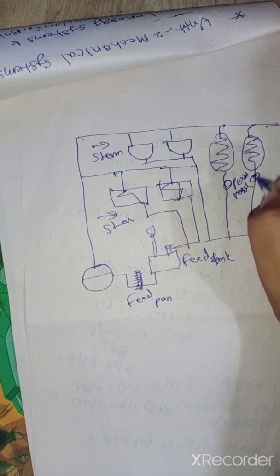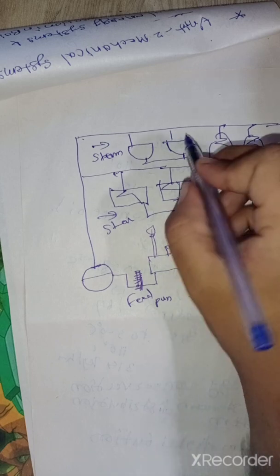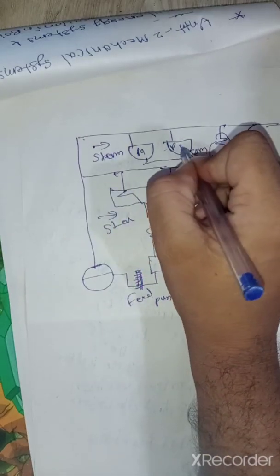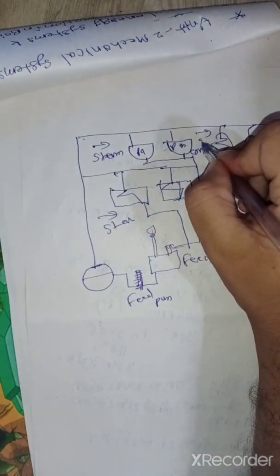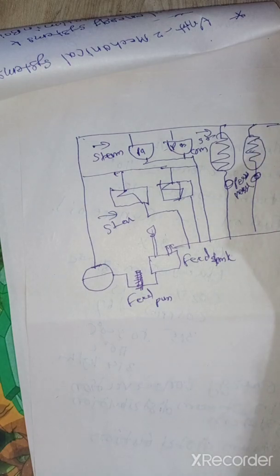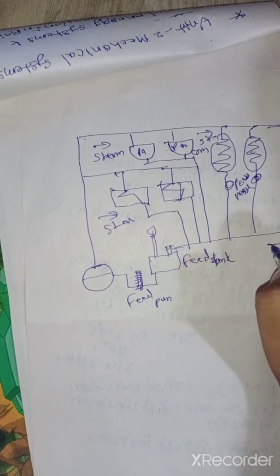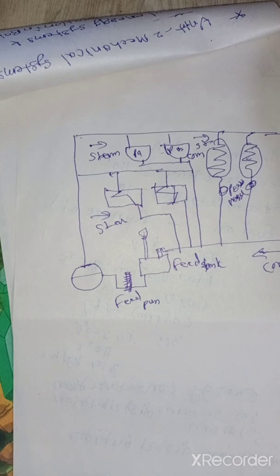This is the pressure valve. This is the condenser. This is the pan. This is steam, space heating systems. So this is condensate. So this is all about the steam distribution system.